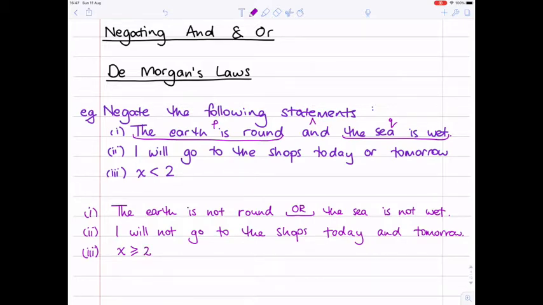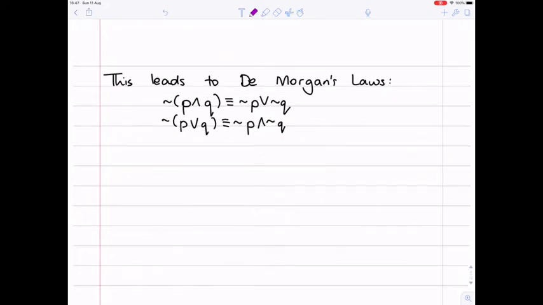So these ideas lead us to De Morgan's laws, which really teach us about distributing not over ands and ors. So one thing you might notice is this funny little 3 lines equalish looking thing.